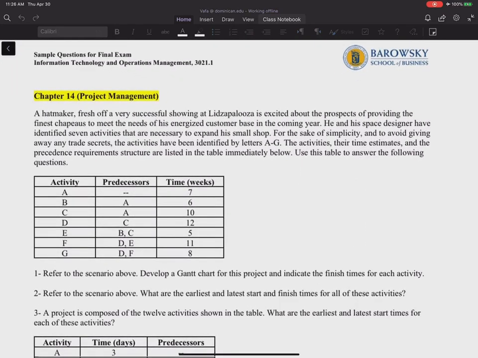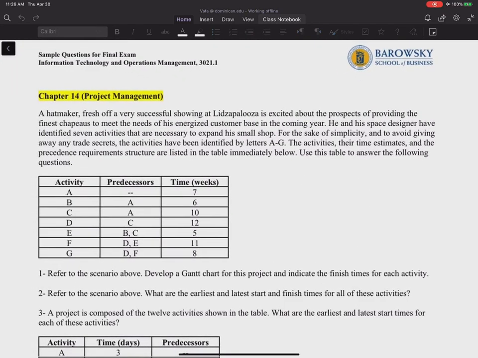A hat maker, fresh off a very successful showing at Leeds-a-Palooza, is excited about the prospect of providing the finest chapeaus to meet the need of his energized customer base in the coming year. He and his space designer have identified 7 activities that are necessary to expand his small shop.